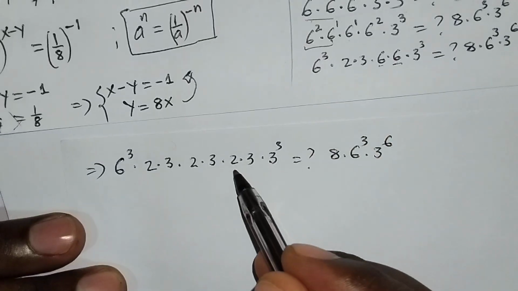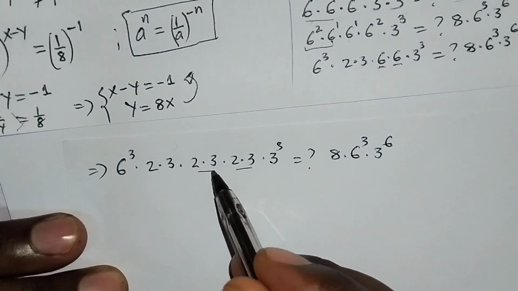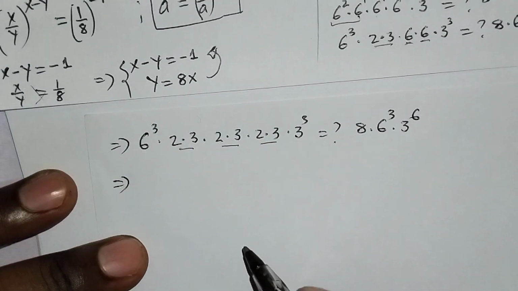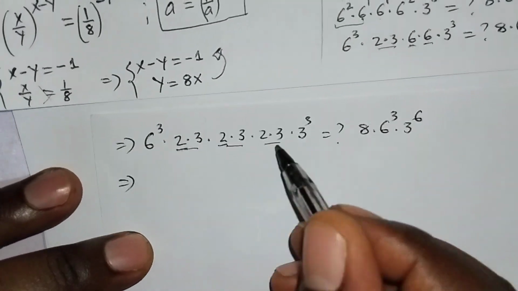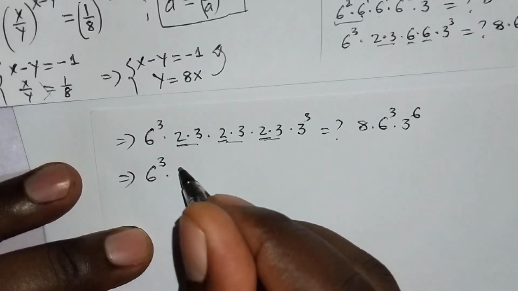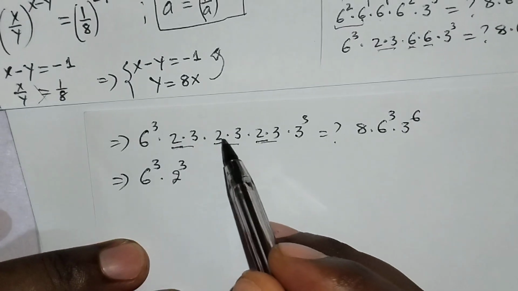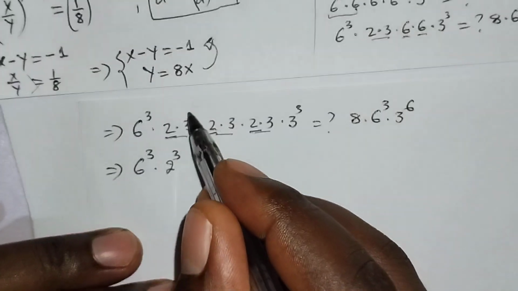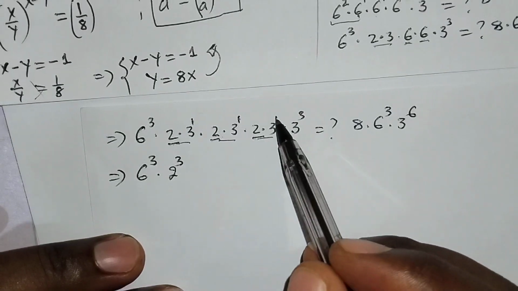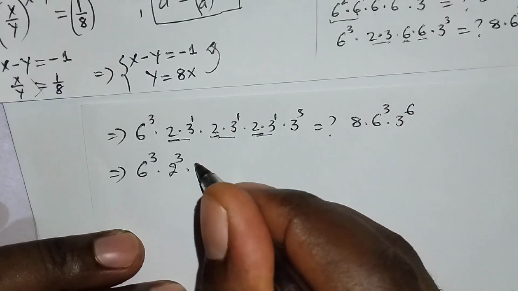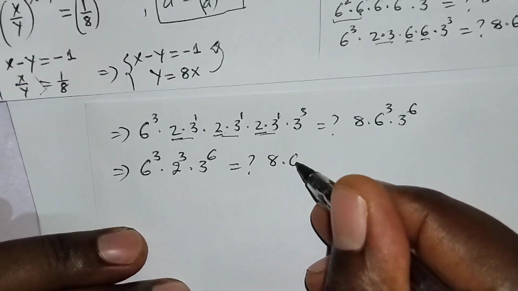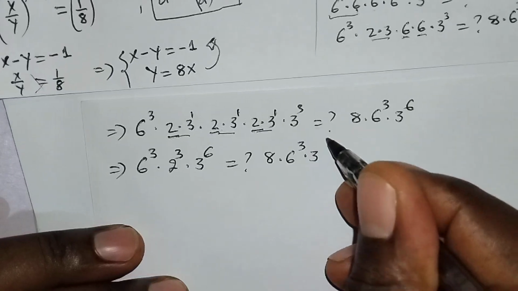This is 6, and this is 6, and this is 2 power 3. So here it is 6 power 3 times 2 power 3, and the other powers are 1, 1, 1, giving 3 power 6. Is it equal to 8 times 6 power 3 times 3 power 6?